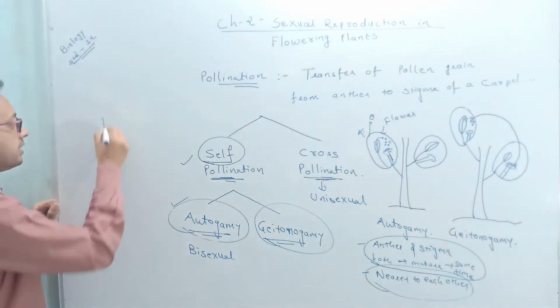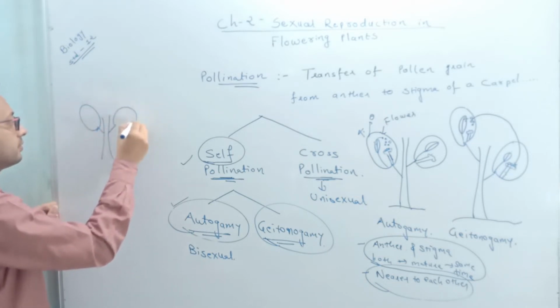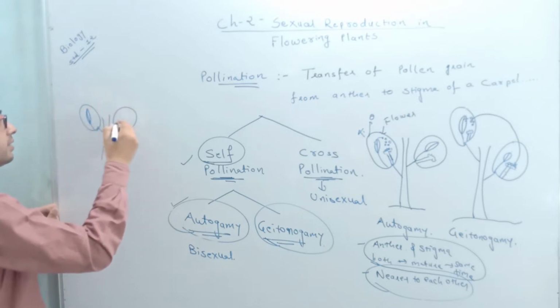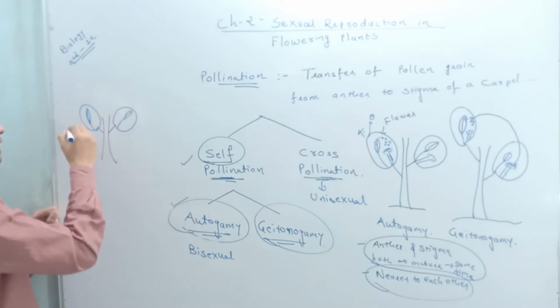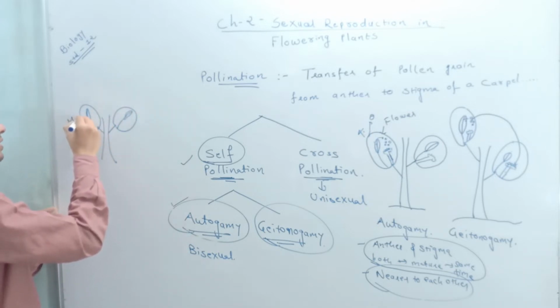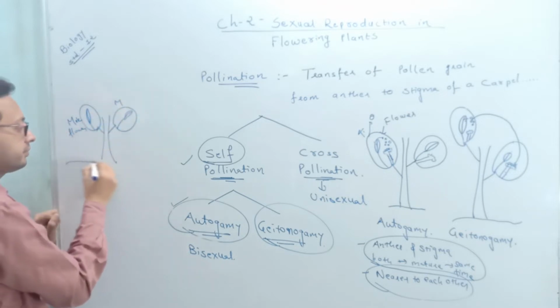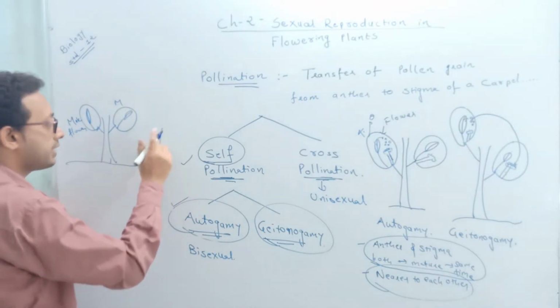Suppose assume that this is one plant and it has a flower. Suppose it has a stamen. This is a stamen. It is unisexual. It doesn't have a carpel. Stamen, so that's why this is a male flower. Now another plant.